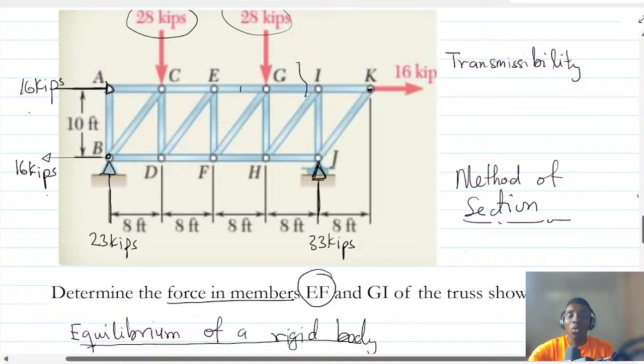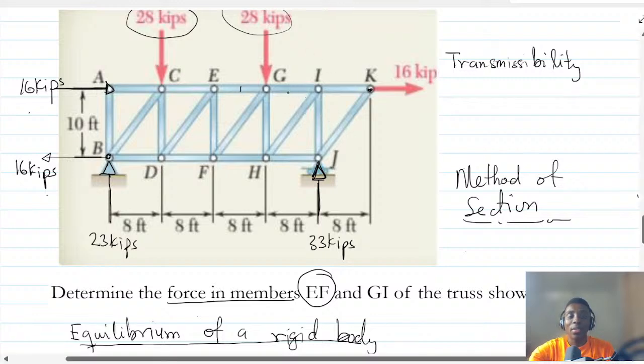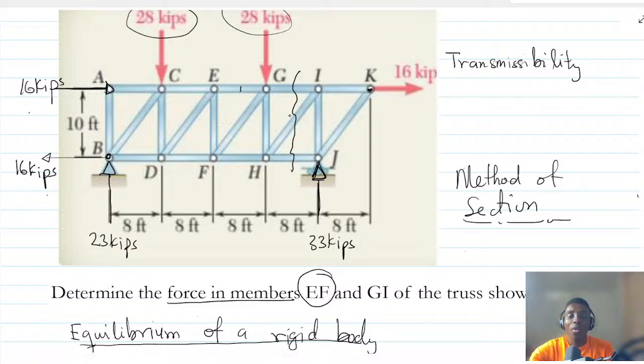So to make it pass through JI, you cannot go like this. You cannot go like that. But you can either go by this or you can go by this, because whatever way you do, it will cut through 3 members.